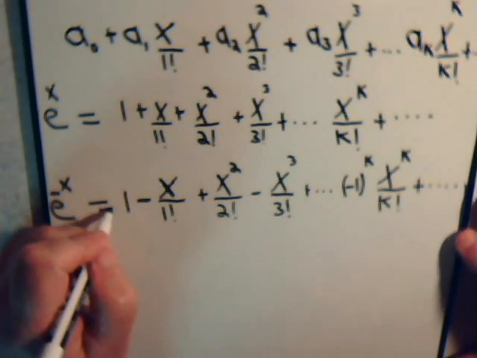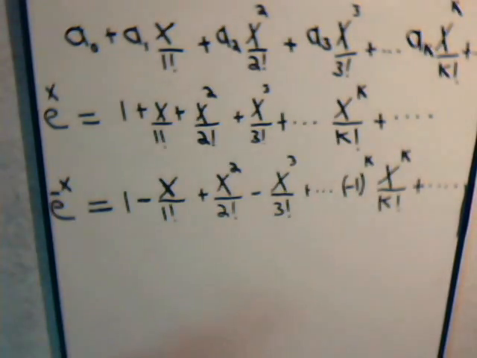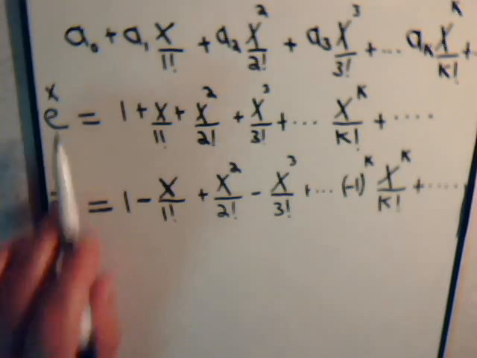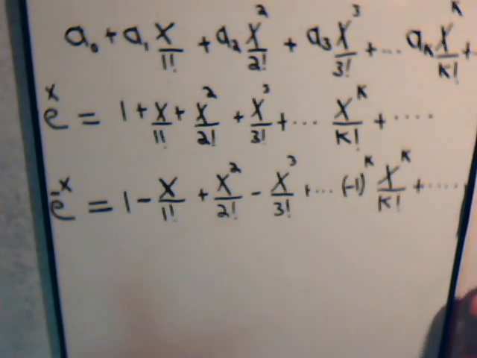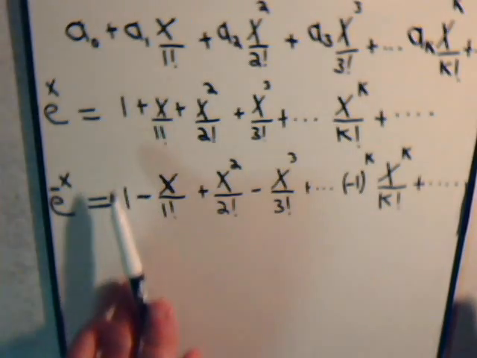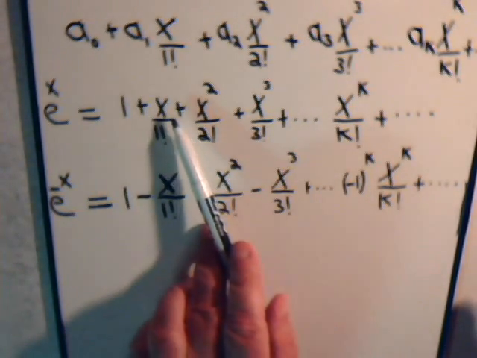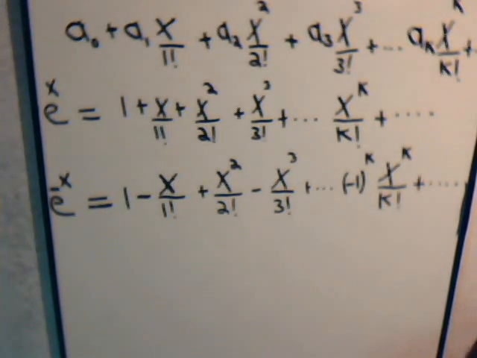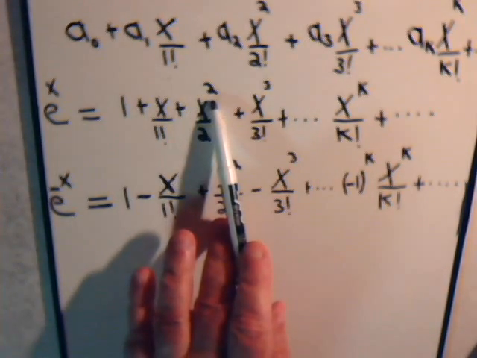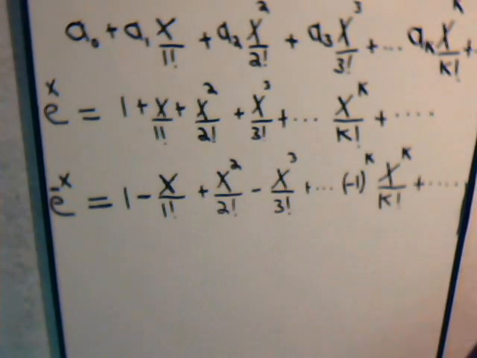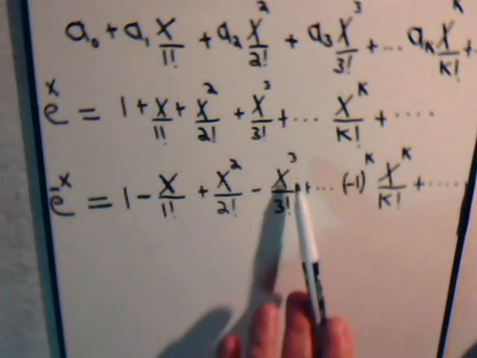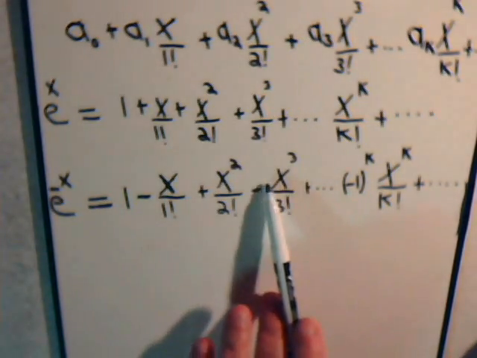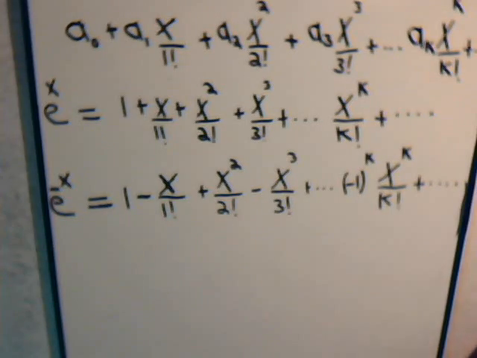Now, for a moment, let's say that we had e to the x, and we subtracted e to the minus x. Then we would see that the 1's would cancel. This would have to be 2 times x over 1 factorial. The even numbered exponents, they would cancel. And for the odd number exponents, it would be 2 times that expression.